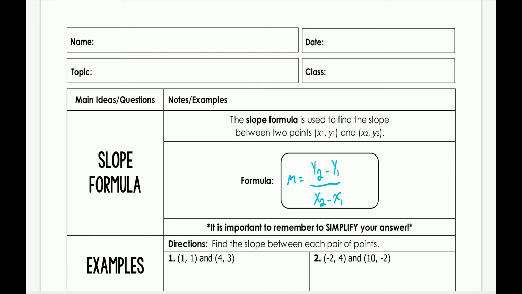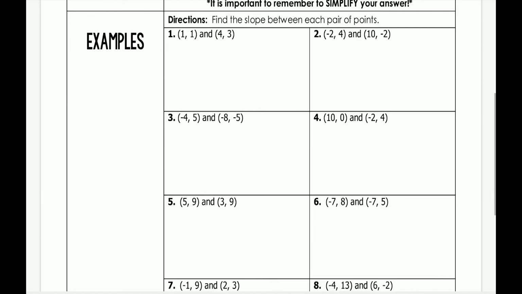So let's go ahead and go through some examples. If we look at number 1, we have 1, 1 and 4, 3. Remember, our formula is m is equal to y2 minus y1 over x2 minus x1. All we have to do is take the second y value, in other words 3.